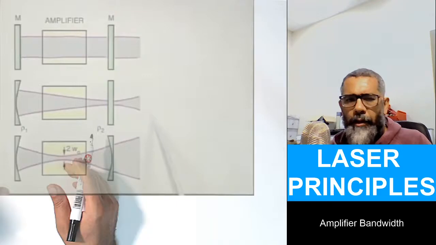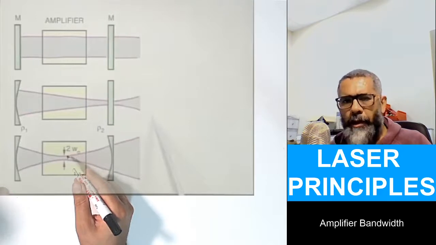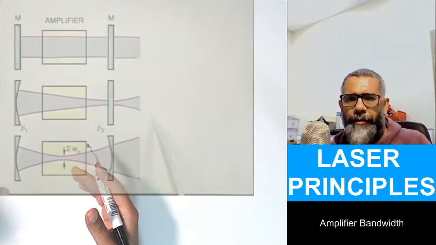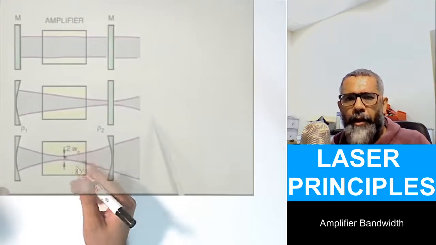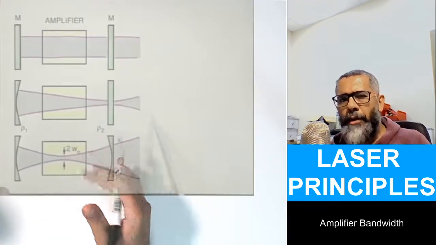Whenever you have a higher intensity inside this amplifier region, you have a better chance of getting the light amplified.